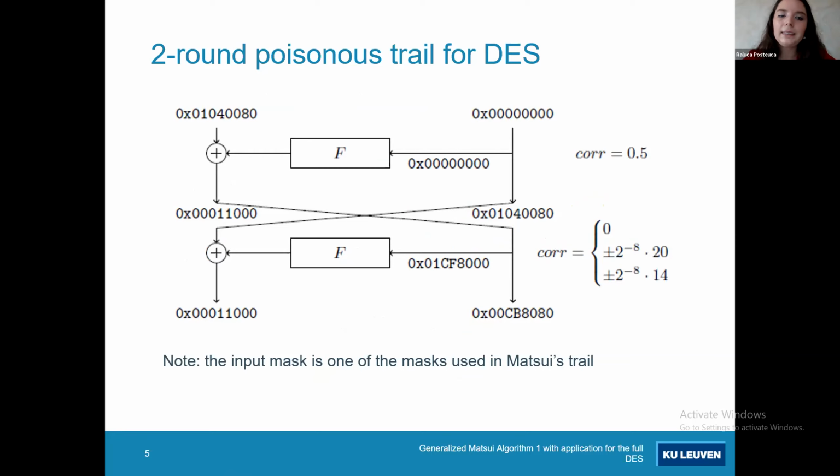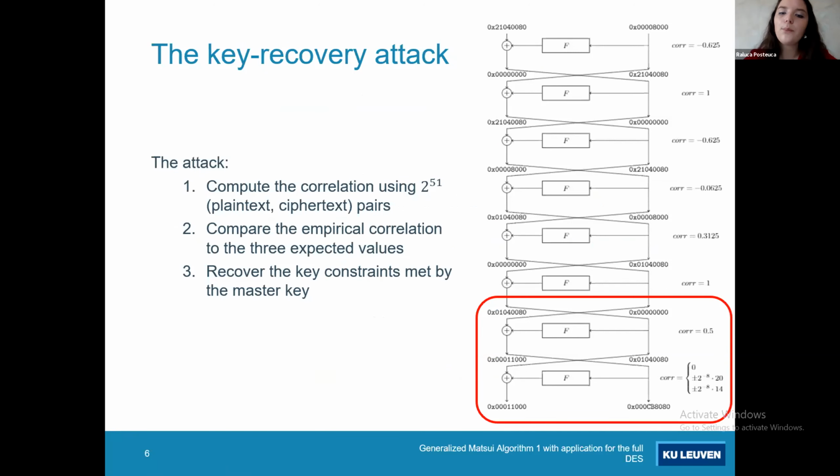After that, we extended our 1-round poisonous trail to a 2-round poisonous trail. Note that the input mask here is one of the values used in Matsui's trail. So we managed to adapt Matsui's trail by replacing the last 2 rounds with our 2 poisonous rounds.